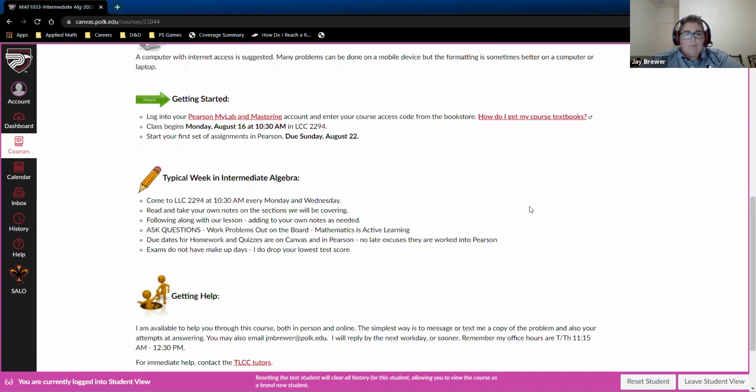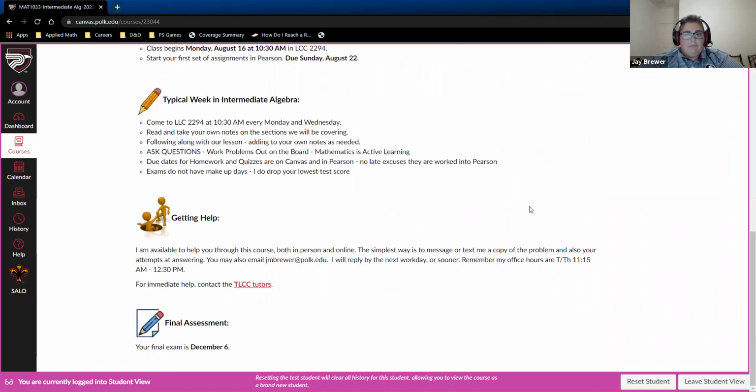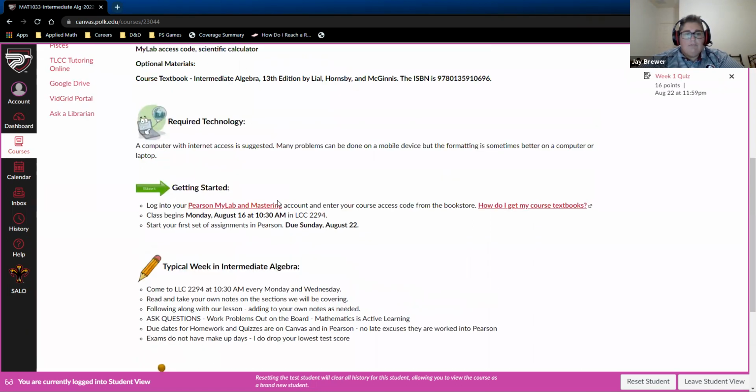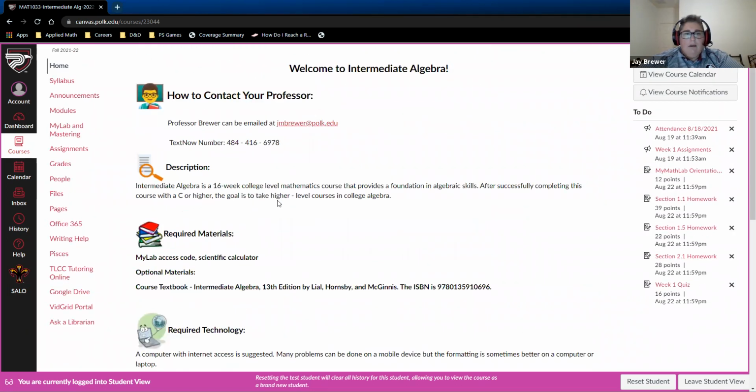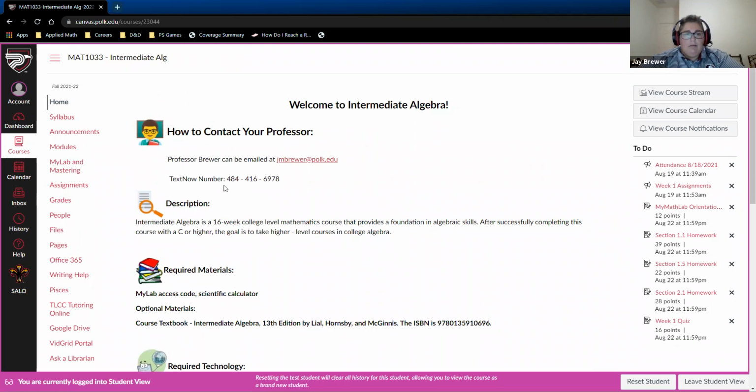It basically pulls out the pertinent information from your syllabus, but you will have access to it every time you sign in. It's there for you so that if you don't want to go looking through the syllabus, the majority of what you need to know is right there.